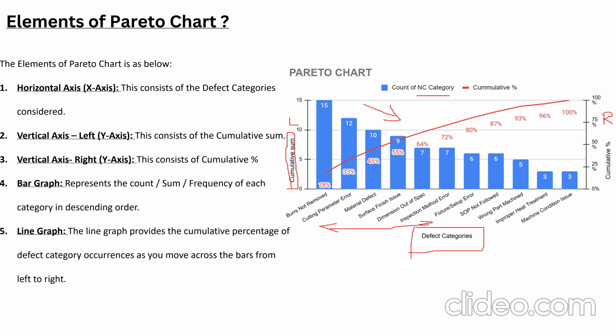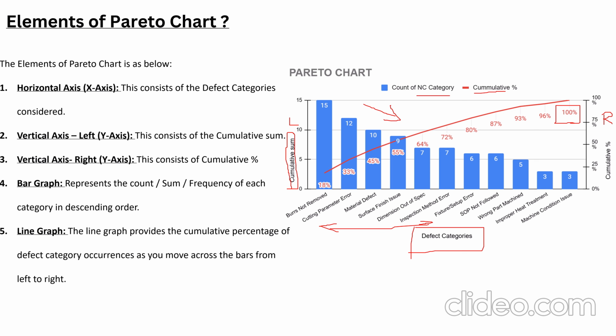The vertical axis on the right represents the axis for the line graph, which is the representation of the cumulative percent of each of these defect categories. The cumulative percent adds up to 100% on the right, adding up from the left to the right.